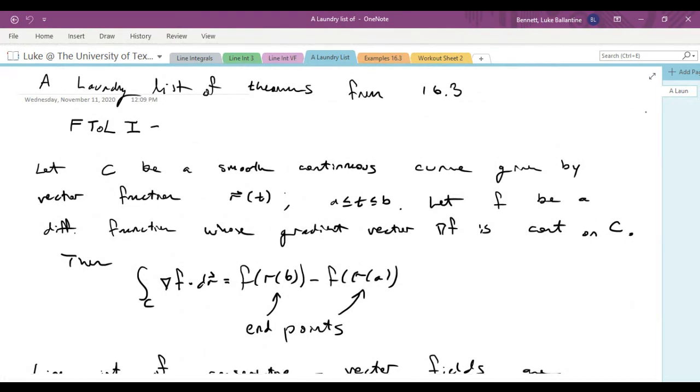Laundry list of theorems from chapter 16.3. That is the fundamental theorem of line integrals.